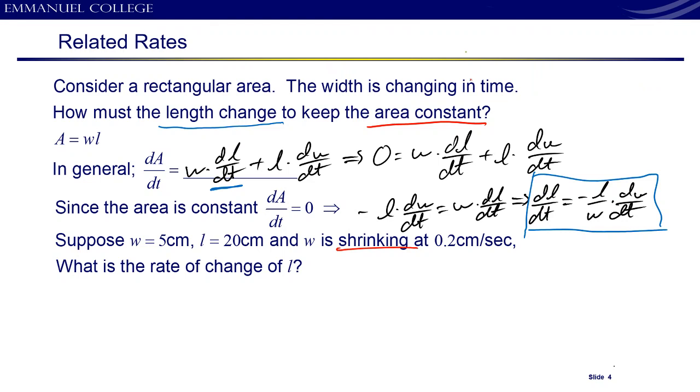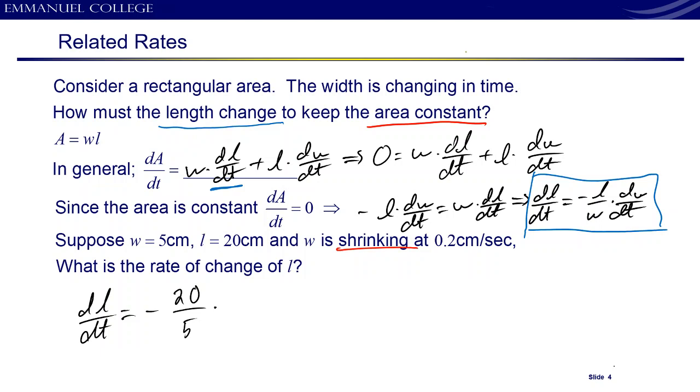If I click the right button, then we would have dl dt is equal to, just plug in the values, negative 20 divided by 5 times, now because it said it was shrinking, we have to keep in mind that means the rate of change is negative. Not all the time will it say that the rate of change is negative blank or positive blank.